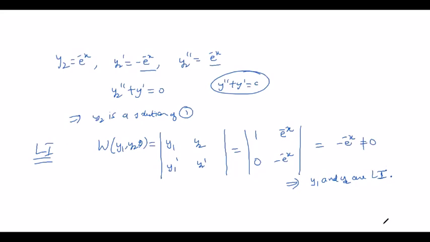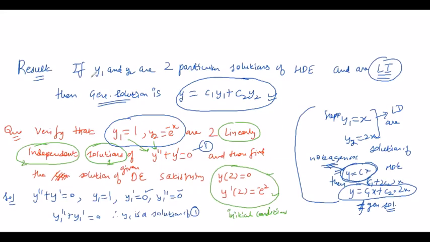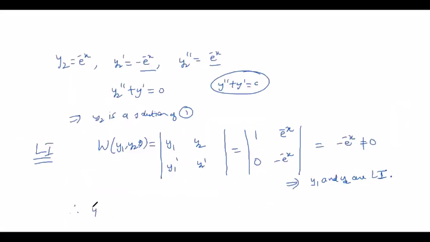They are linearly independent solutions. And now we will use the result which I stated, that if y1 and y2 are two linearly independent solutions, then this is the general solution. So y is equal to c1 y1 plus c2 y2, where c1 and c2 are arbitrary constants. So c1 into 1 plus c2 into e raised to power minus x.